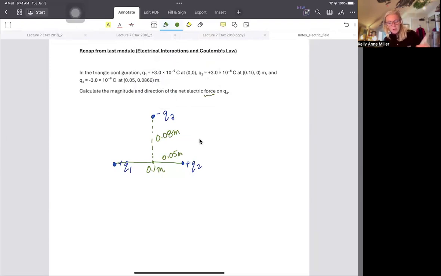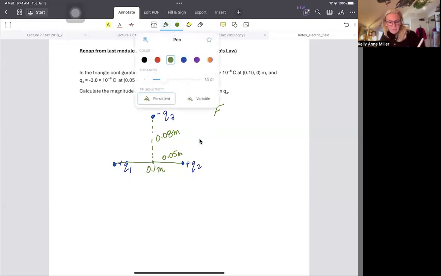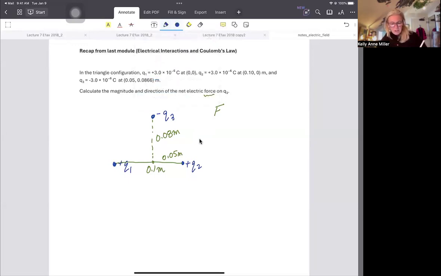Okay, so we know from what we learned this past week that Coulomb's law defines the force between any two charges. And so to calculate, let's just draw, first of all, what the forces look like. So this is going to be an attractive force between Q3 and Q1. So that's going to be the force of charge 1 on charge 3.